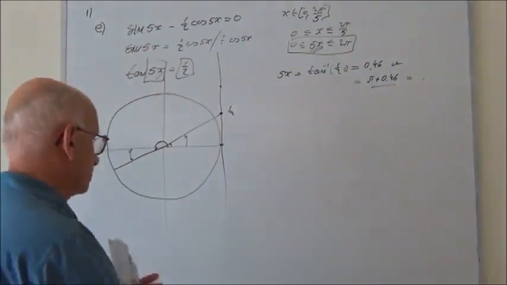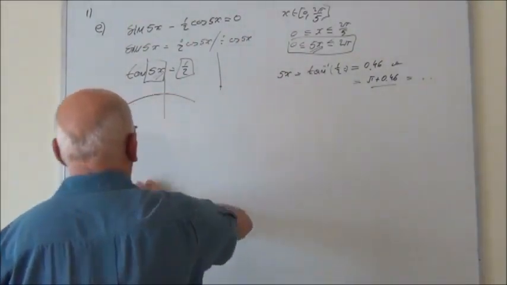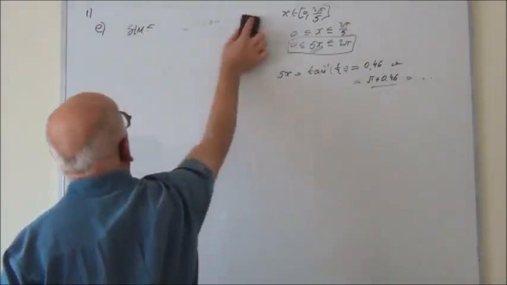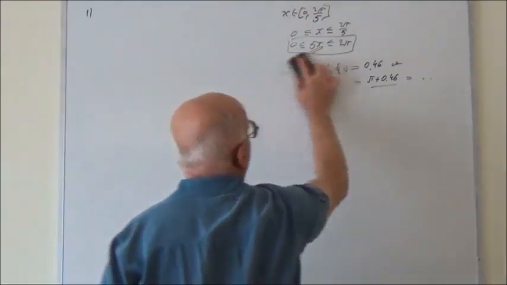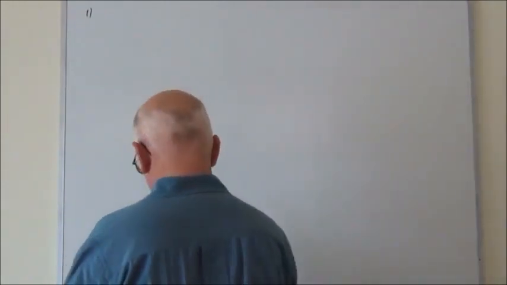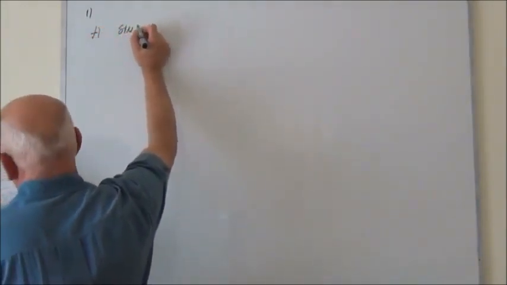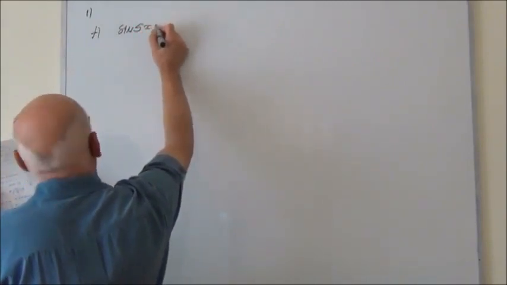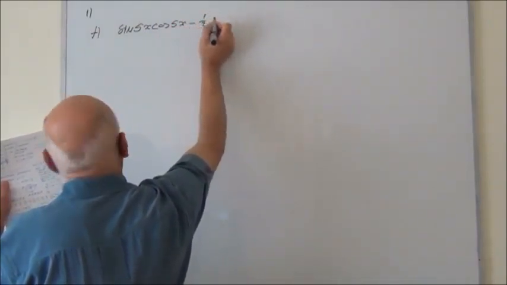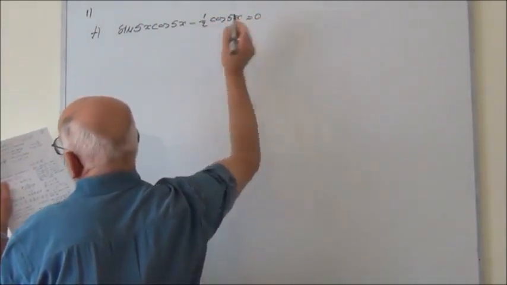And again, one equation, new question. The equation is sine 5x cos 5x minus a half cos 5x equal 0.